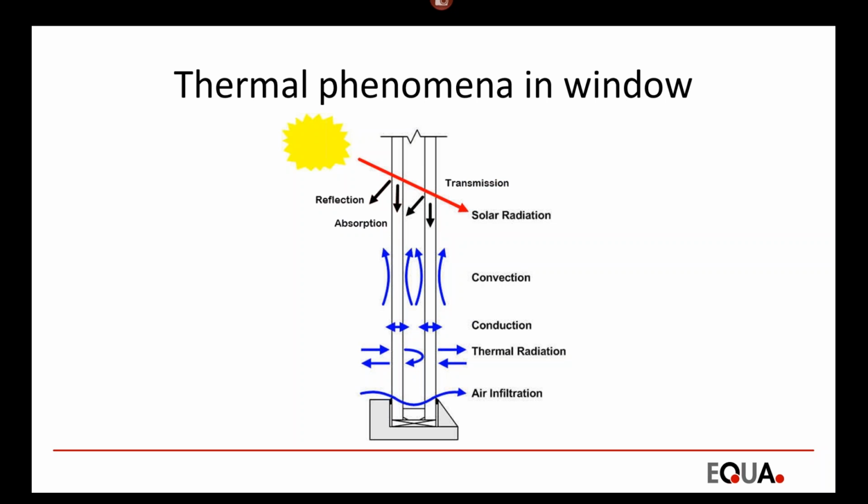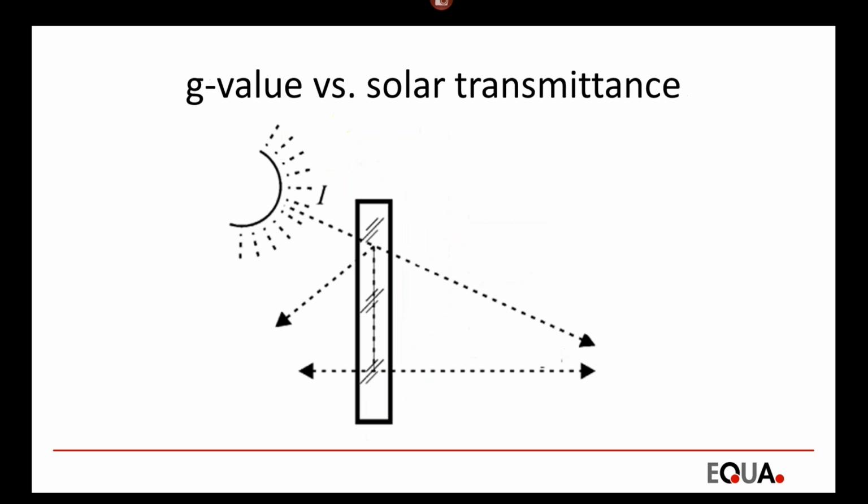Typically in IDA ICE we have two different window component models. The first one is the standard one, which deals with the whole glazing package as a single unit. In this picture you can see the right hand side arrows, which is the G value. It is the total heat transfer into the zone as convection and thermal radiation from the heated pane.